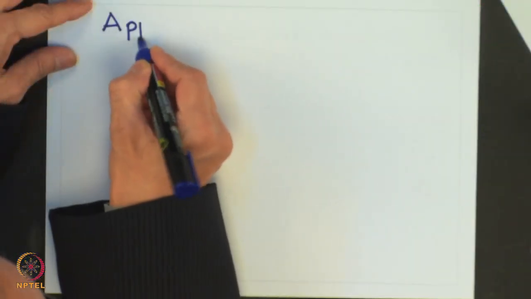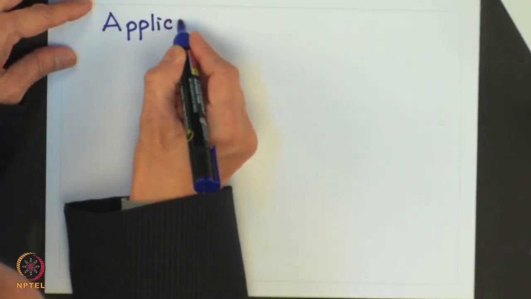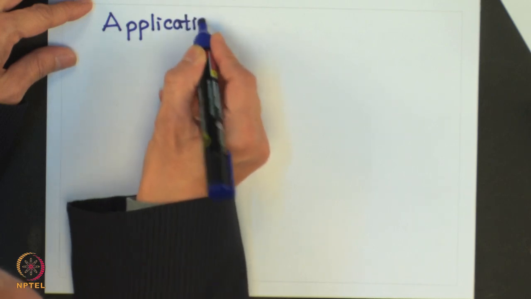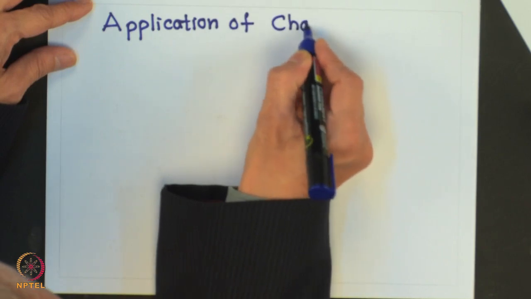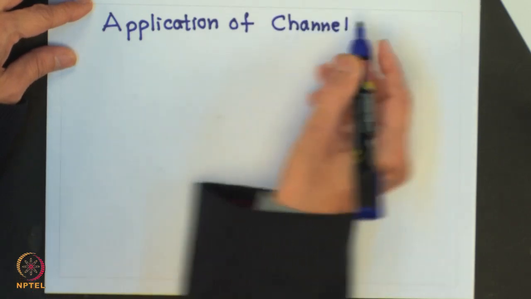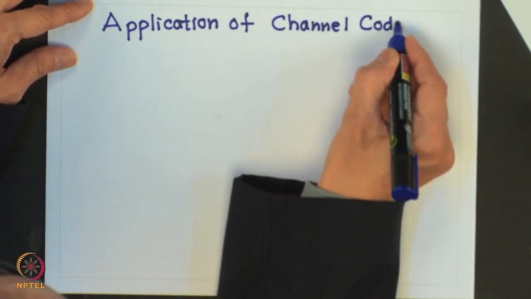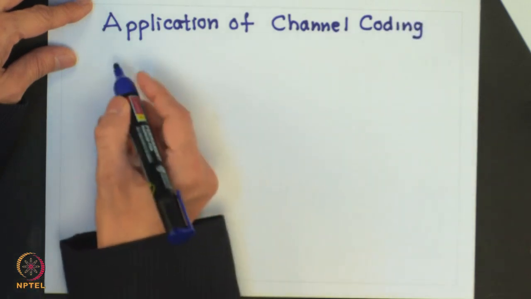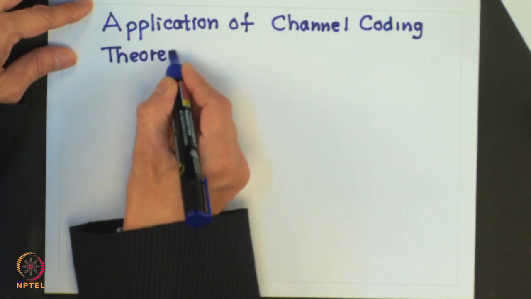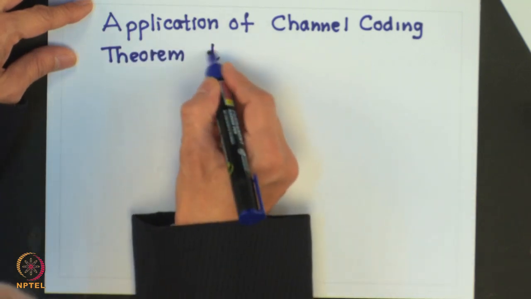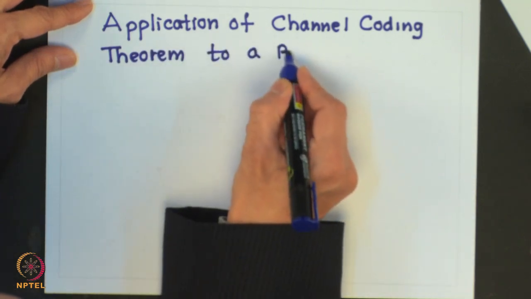So, we will consider the application of channel coding to a binary symmetric channel.